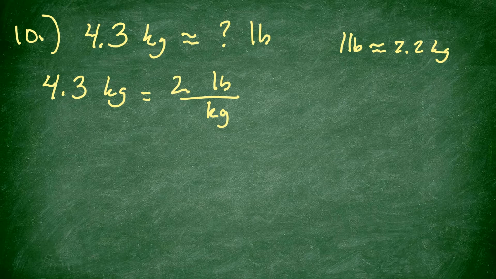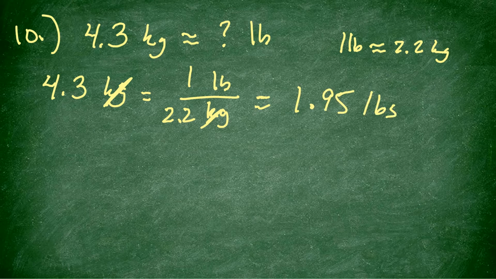So 1 pound is 2.2 kilograms. The kilograms cancel. I end up with 4.3 divided by 2.2. And that is about 1.95 pounds. All right, that's it for number 10.